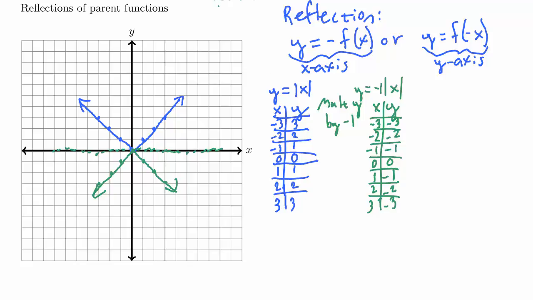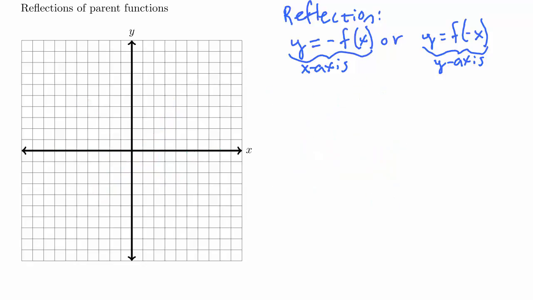Now, actually, instead, I want to go ahead and erase this over here. Instead of absolute value of x, I'm going to show the y-axis reflection by doing the square root. One second. Okay, again, we want to start out with y equals, in this case, the square root of x.